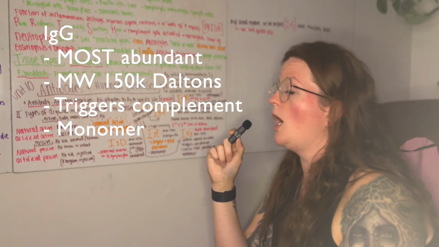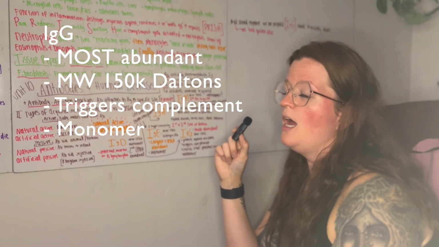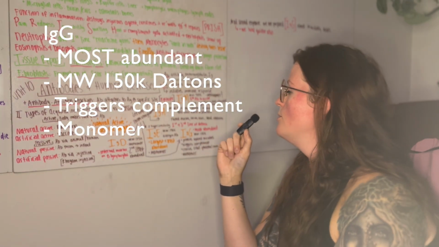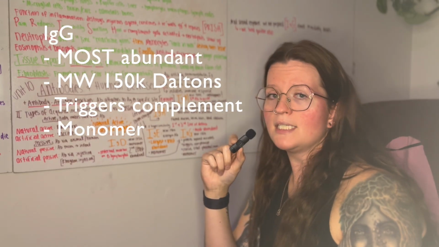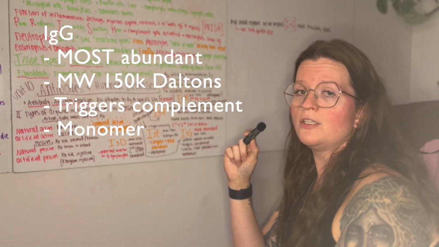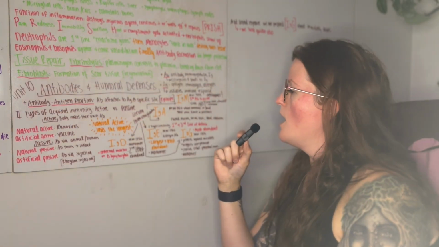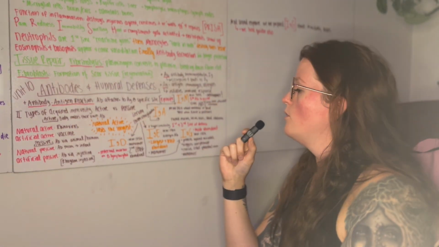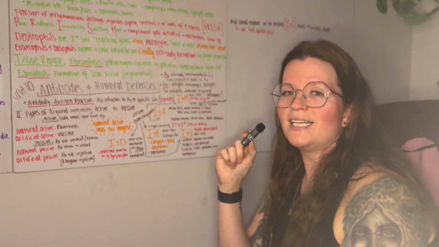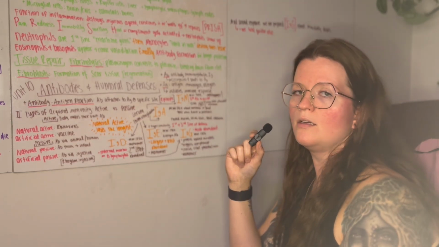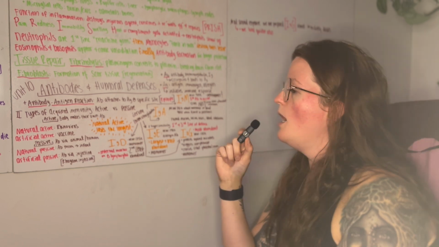Moving on to IgG, the most abundant of all of the immunoglobulins, we have a molecular weight of 150,000 Daltons. IgG protects against microbes. It triggers the complement system in regards to infections, treating and preventing infections. And IgG crosses the fetal placental membrane. So baby gets mom's IgG.